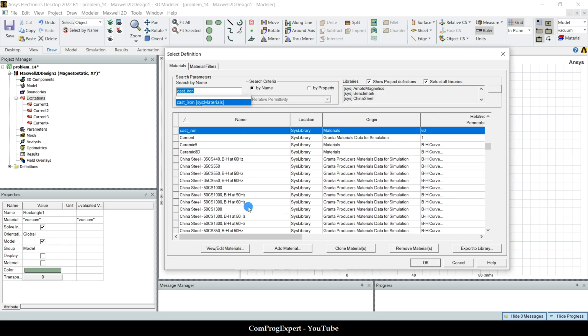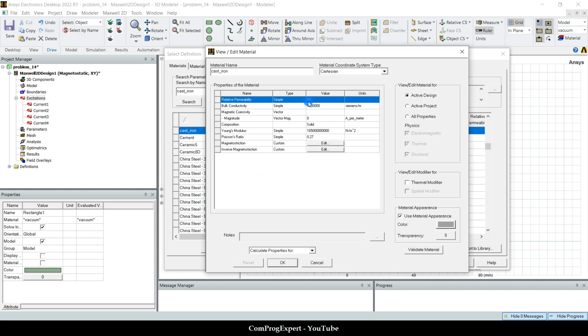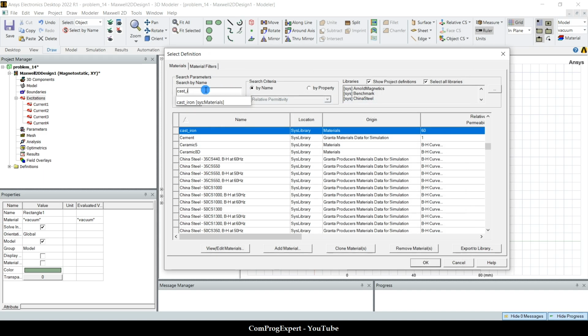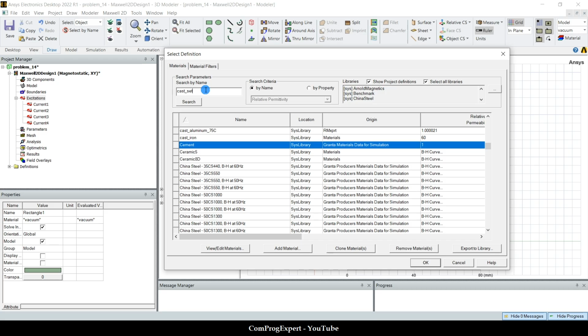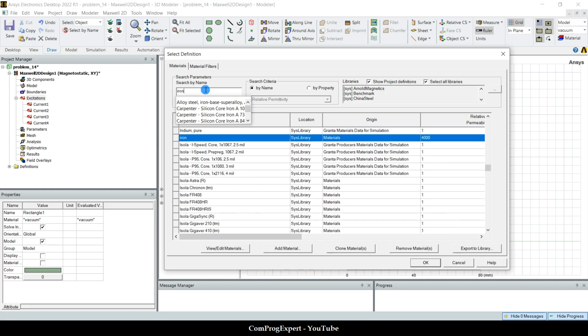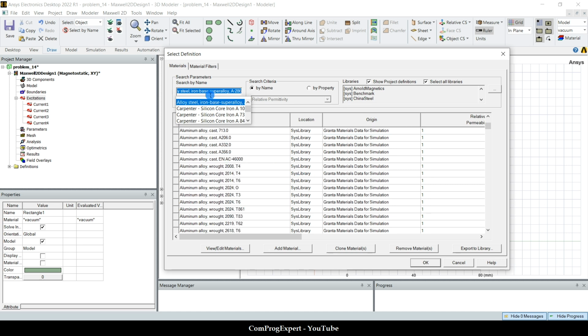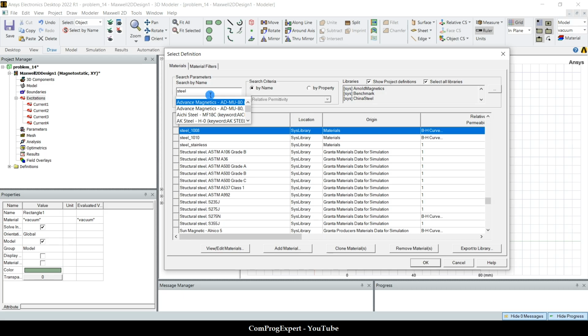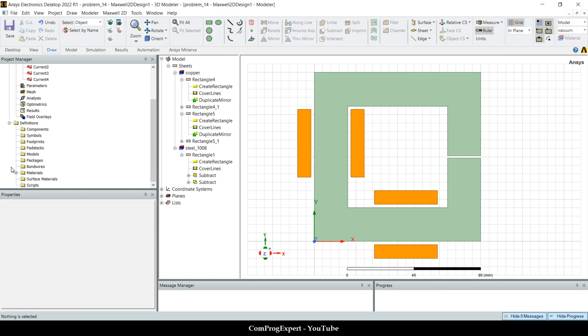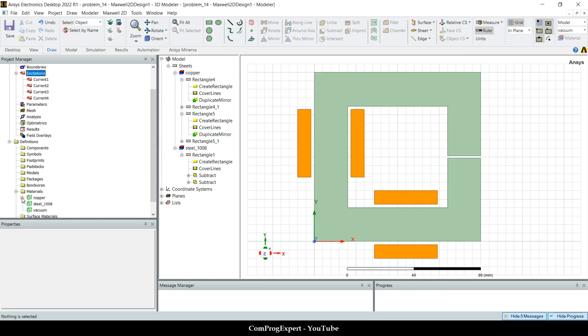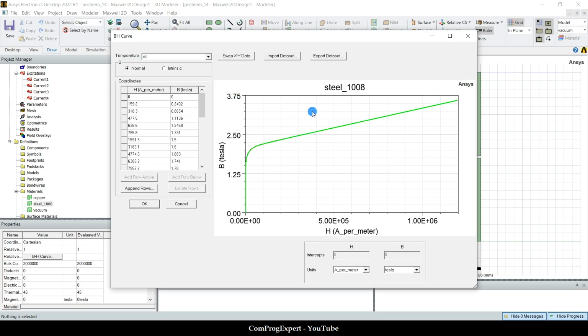Let's check the permeability is constant. No. Cast steel iron. I want to just use another material. Steel. Yes, let's use this one this time. Okay. Here you can see the HB curve of this material, and we are going to use this.